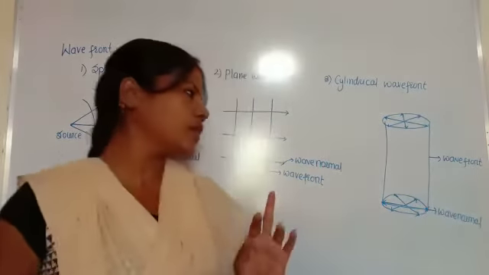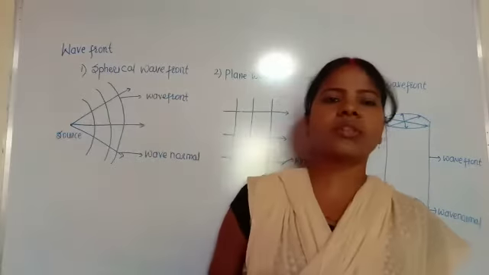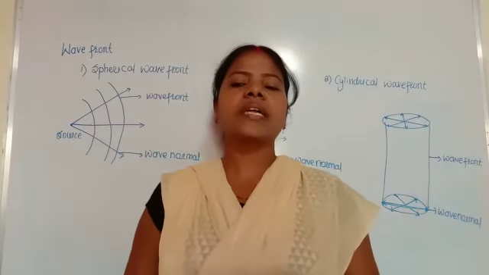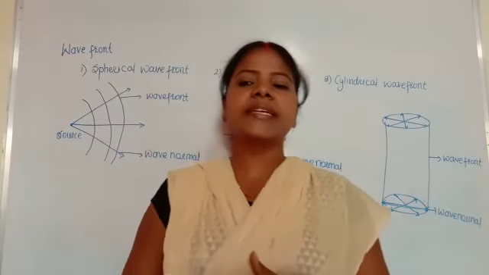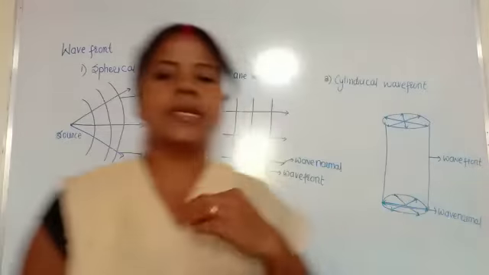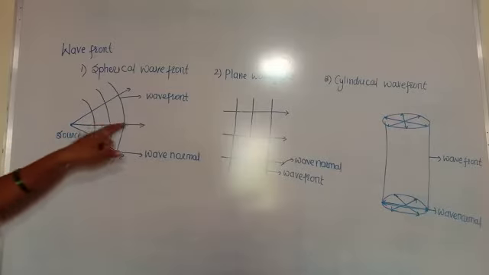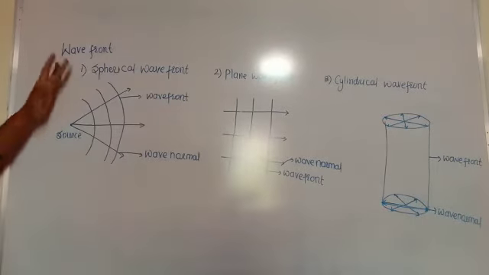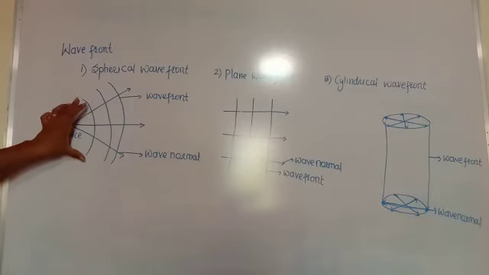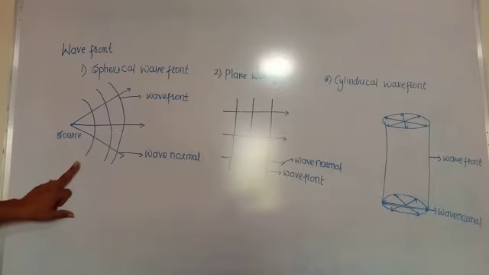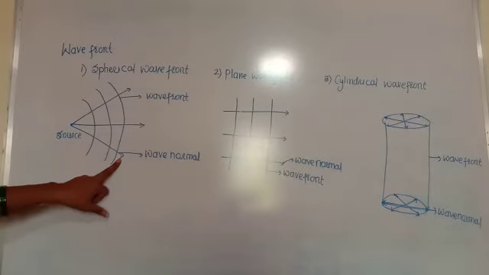The source emits the radiation or light waves in three dimensions, and the wavefronts are spherical and centered on the source. So such a surface is known as the spherical wavefront, and this is the wave normal.